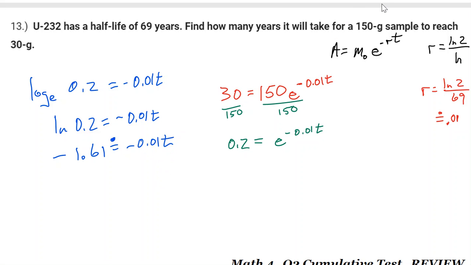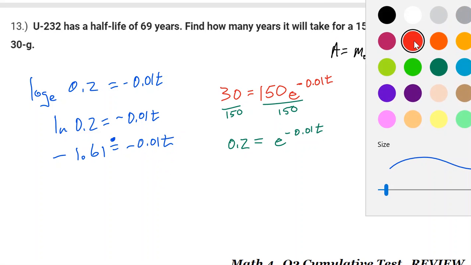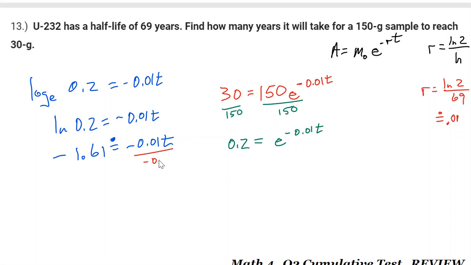And then when you divide both sides by negative 0.01, you wind up with about 161. That is how many years it should take to drop down to 30 grams.